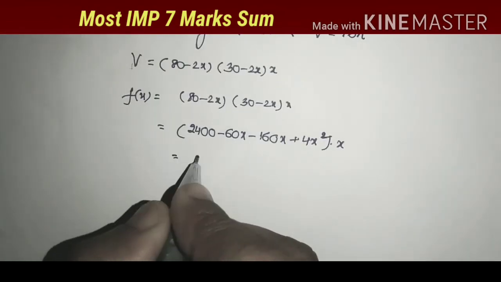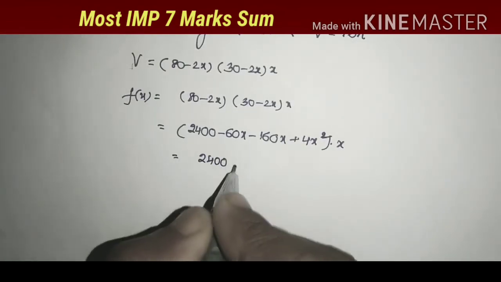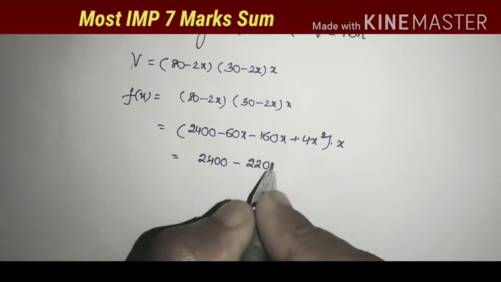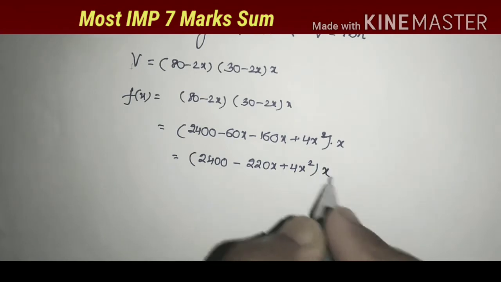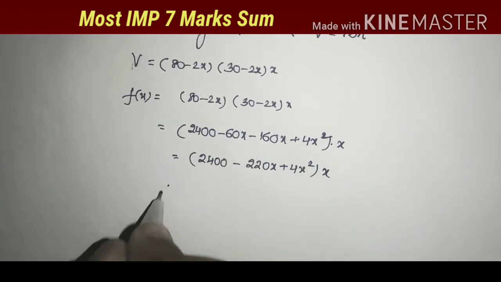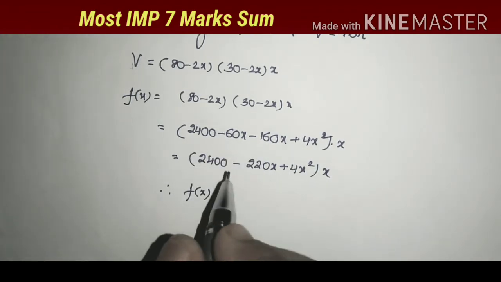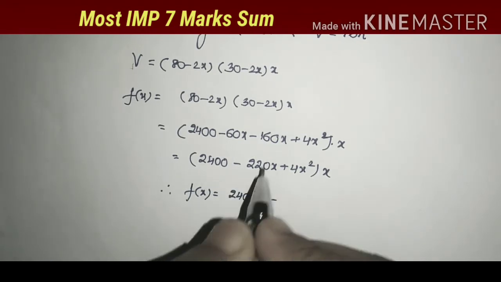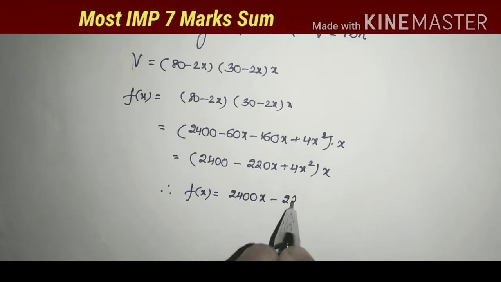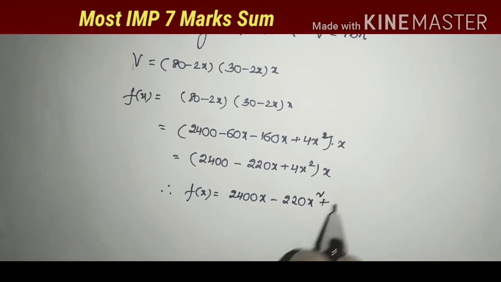This is equal to 2400 minus 220x plus 4x square into x. Therefore, f of x is equal to 2400x minus 220x square plus 4x cube. So this is the value of f of x.